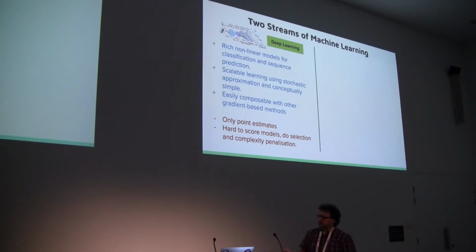But most of the work so far is focused only on point estimates. You use these neural nets to make deterministic predictions given some feature vectors. There is no straightforward manner to score these models unless you can close your pipeline cycle and you have your final metric that you want to optimize at the end of the day.